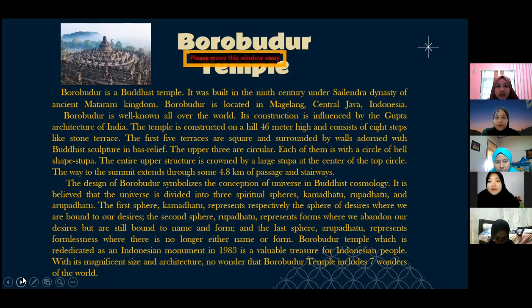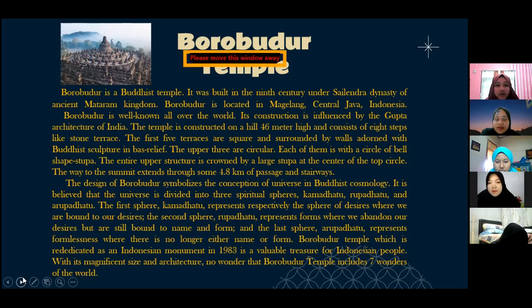The temple is constructed on a hill 46 meters high and consists of 8 steps like stone terraces.